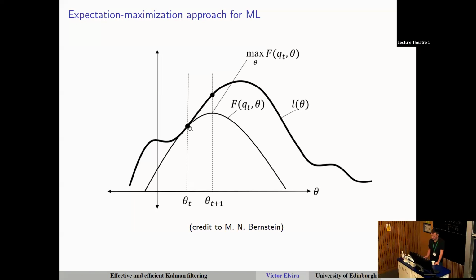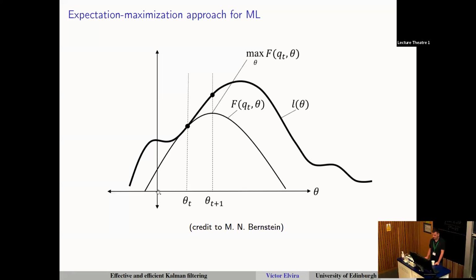First, at this point, this function is tangent to the true function I want to maximize. So it's true that my surrogate function, the easy one, is not the same as the other one, but it has something in common, at least in this point. It looks alike a bit in this point. Okay, I'm trying to fool myself. They don't look alike, I know. The second property this function has is that everywhere in the whole space, the function is below the true function. You agree with me, right?